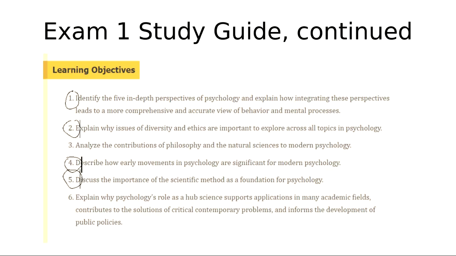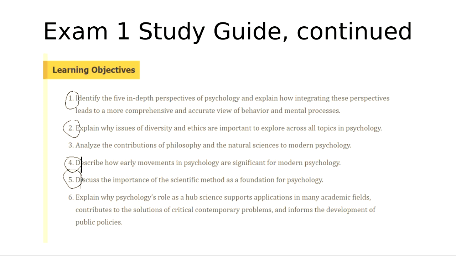Okay, so if you go to the ebook for Chapter 1, this is the Chapter 1 learning objectives, and the ones that I want you to focus on are number 1, to identify the 5 in-depth perspectives of psychology and explain how integrating those helps us have a more comprehensive view of behavior and mental processes. And so that's the first objective.